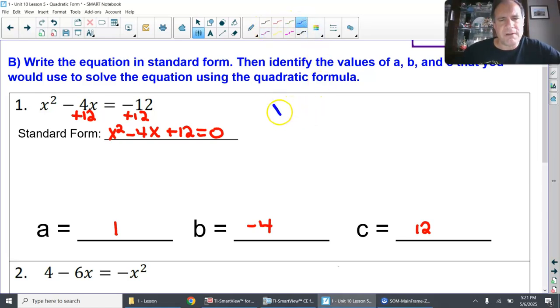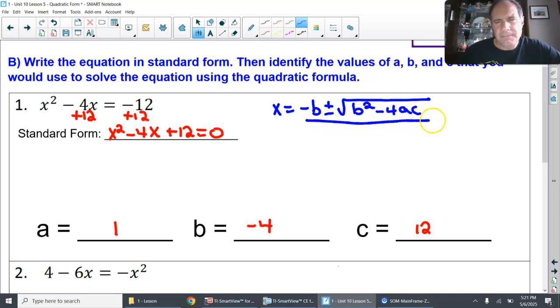So then you rewrite the quadratic formula. It is x equals -b plus or minus the square root of b squared minus 4ac, all divided by 2a. So I'm just going to substitute the numbers in. X equals -(-4). All right. The negative b, it's already a negative. So what it becomes is a positive.